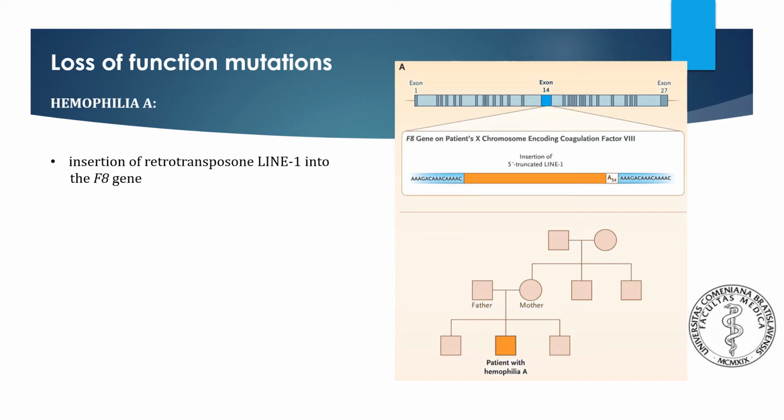But there is one interesting phenomenon: the remaining 30%, which are not inherited from your parents, are de novo mutations. They are mostly caused by insertion of the retrotransposon LINE1 into the F8 gene. This is a movable genetic element which is predisposed to insert into exon number 14 of the F8 gene, and it causes de novo hemophilia.